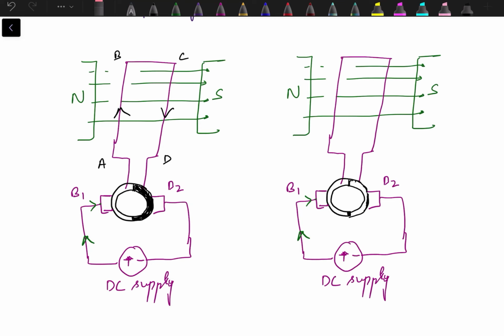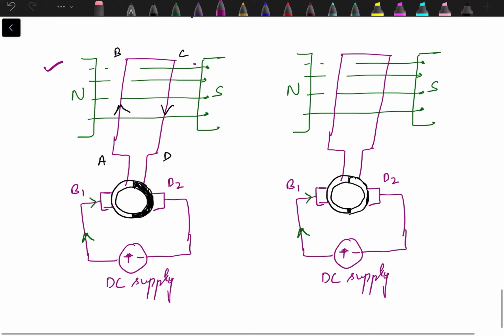Now if we just focus on this, we know the direction of field. Direction of field is like this. Direction of current is also known to us, but direction of force is not known to us.